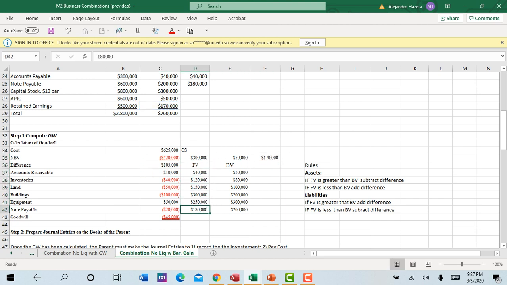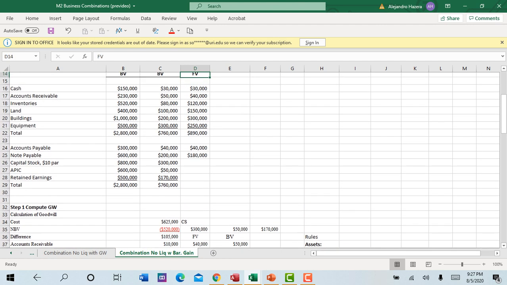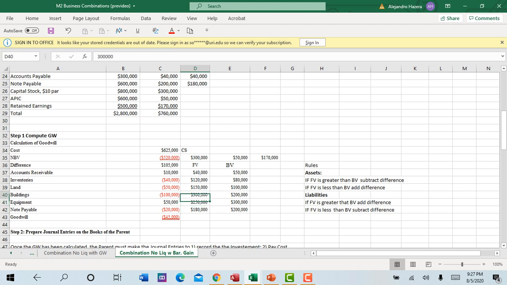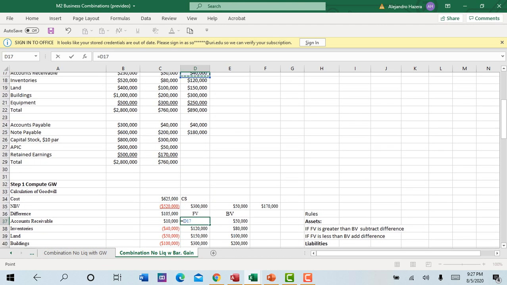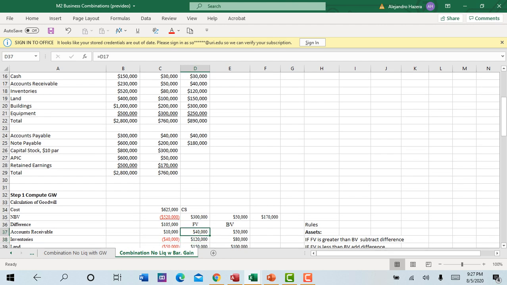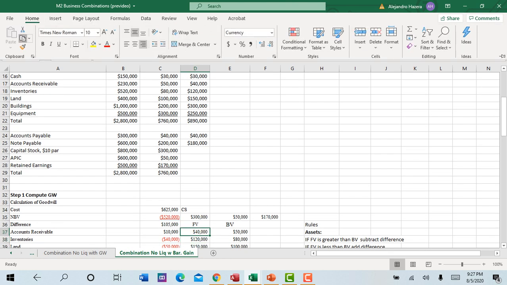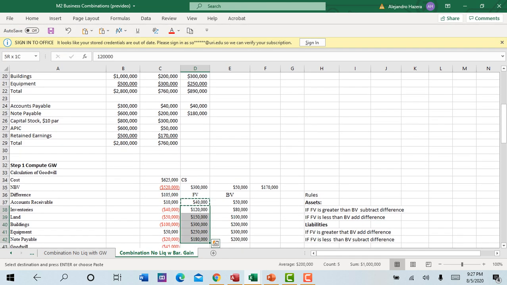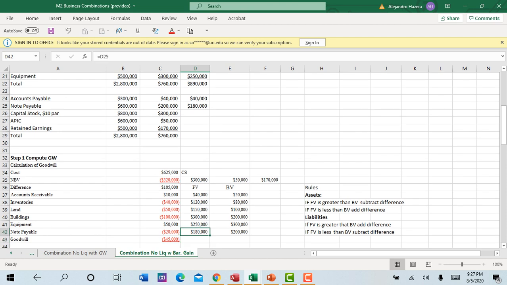The fair values all come from this fair value column here, starting with accounts receivable. These fair values come from the fair values for all the assets, and the notes payable fair value is 180.